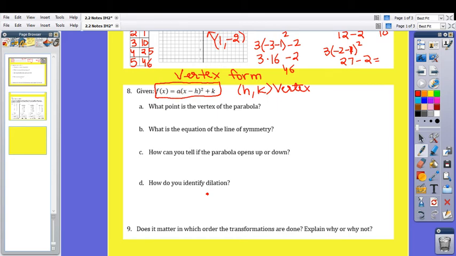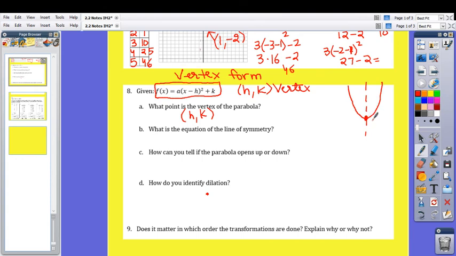Okay. So, what point is the vertex of the parabola? We just said it is h and k, where h is the x coordinate and k is the y coordinate. Now, what is the equation of the line of symmetry? If you remember, we did in 2.1 that the axis of symmetry always passes through the vertex.